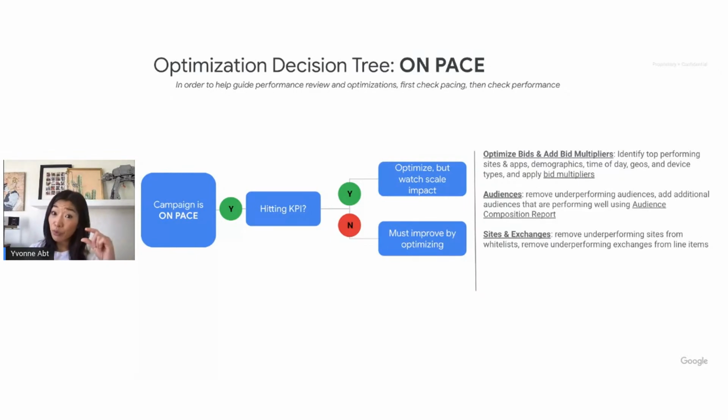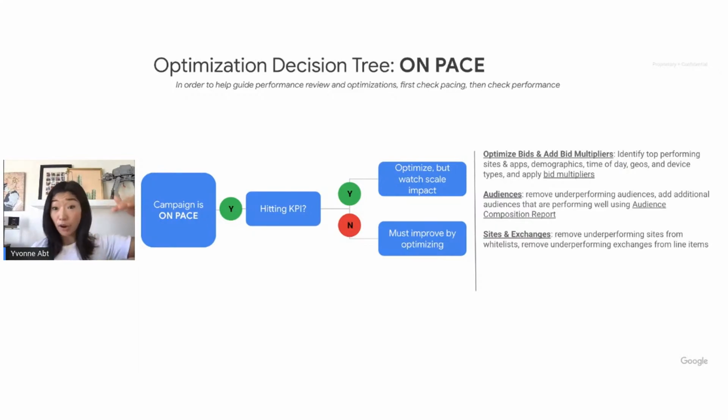That's great. But even with an on-pace campaign, it could branch off into 2 different directions. The first is the best scenario. Your campaign is on pace and it's hitting your KPI goals. That's fantastic. In this case, you can just make small tweaks and keep your eye on the daily monitoring. But also maybe there are obvious outliers, like one or two very low performing sites, that you can exclude from your campaign.